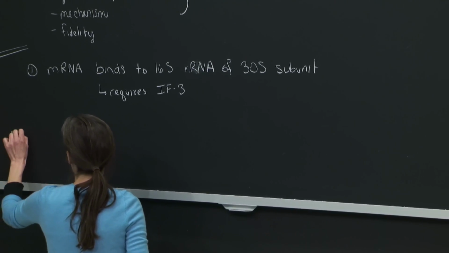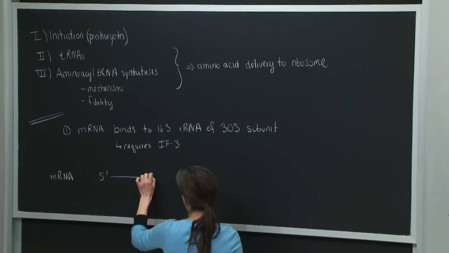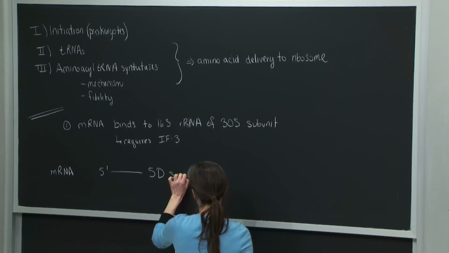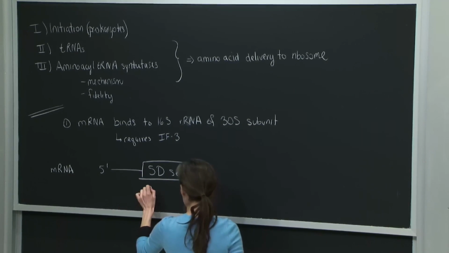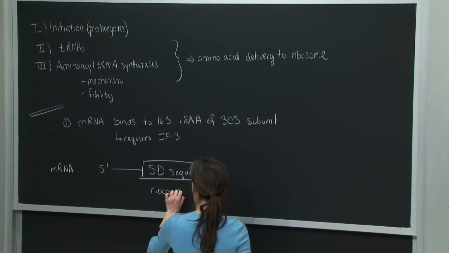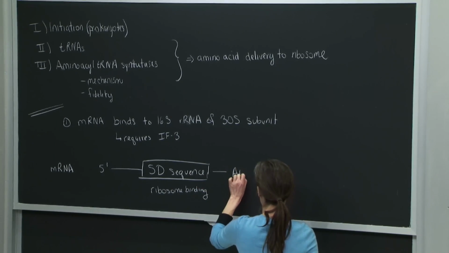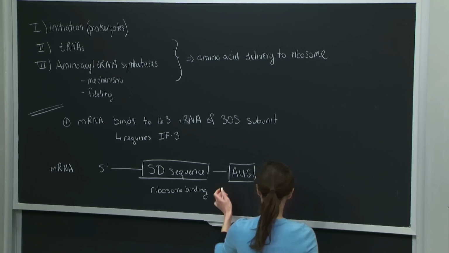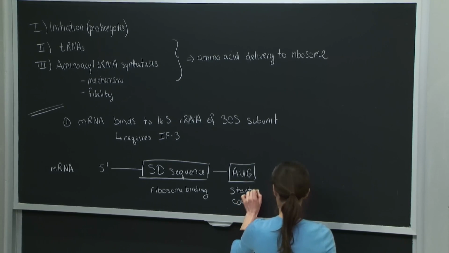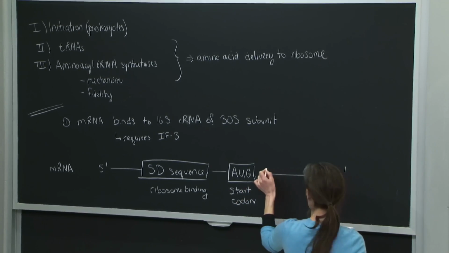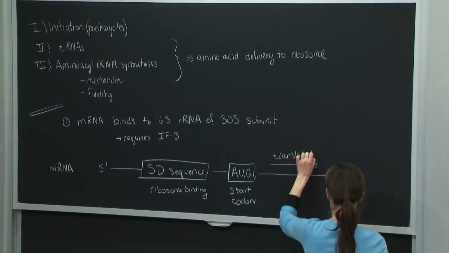So if we think about the mRNA, at the 5' end, and somewhere there's a sequence that signals for ribosome binding. And then we have our start codon that signals the start of translation here. And so this gets translated here.